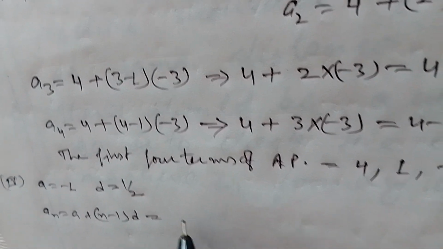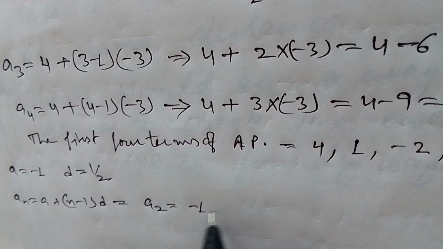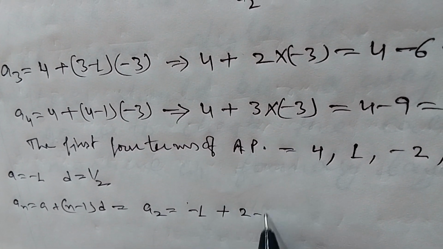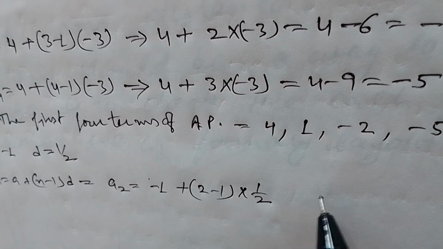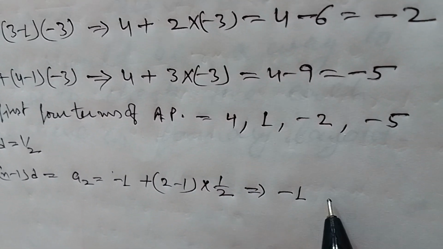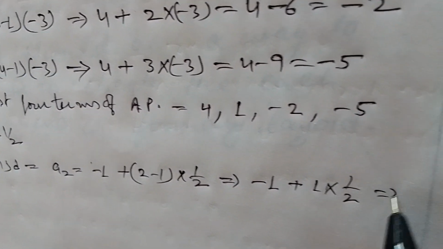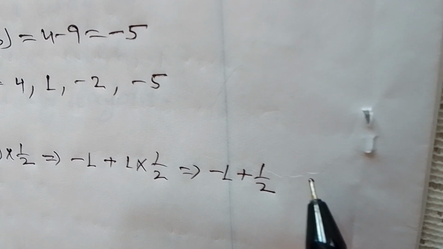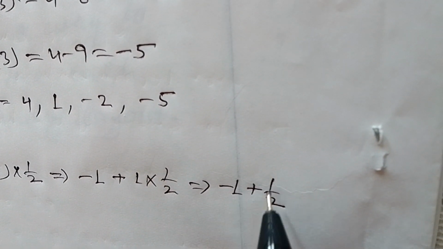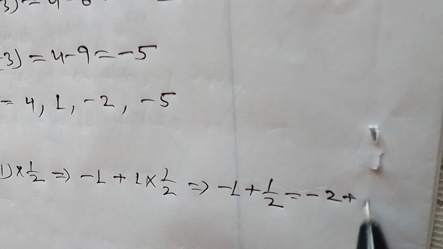By inserting the values we get a2 as minus 1 plus 2 minus 1 multiplied by half. We will get minus 1 plus 1 multiplied by half. It comes out to be minus 1 plus half. That comes out to be minus 2 plus 1 divided by 2.